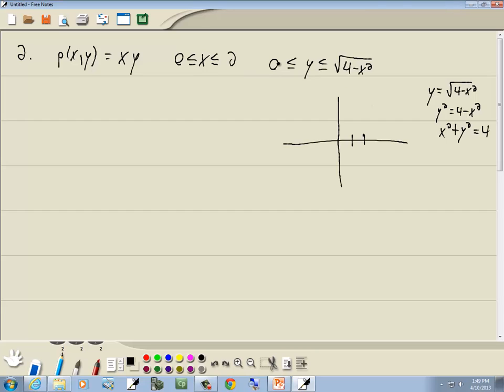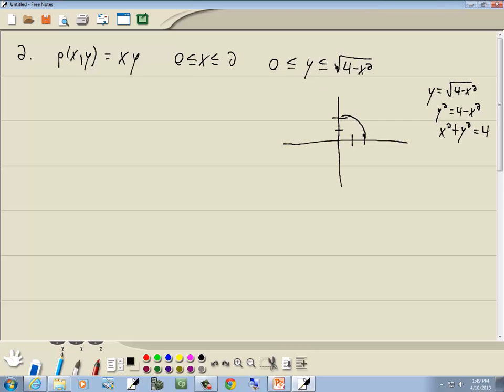Now, here we're saying that we're looking at y from 0 to this. Well, y equals 0 is this right here, and that would normally be all the way across, but since we're only looking from 0 to 2, it'll be the portion right here.